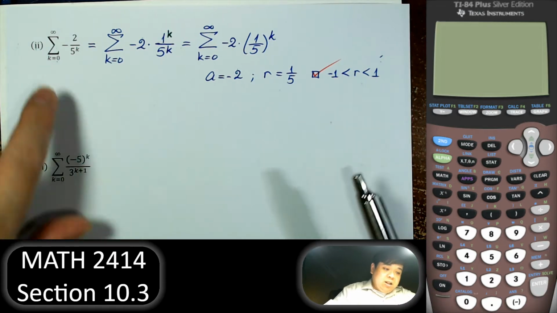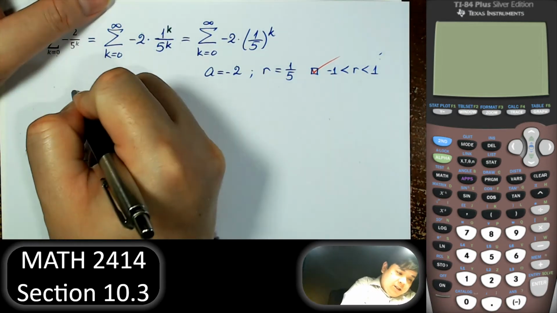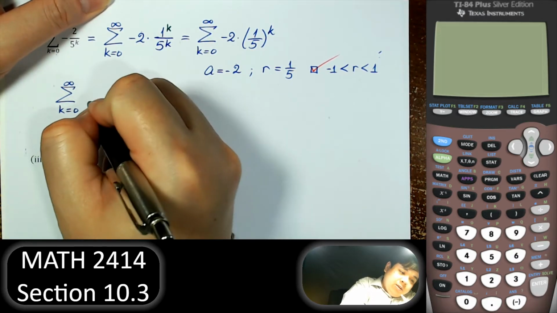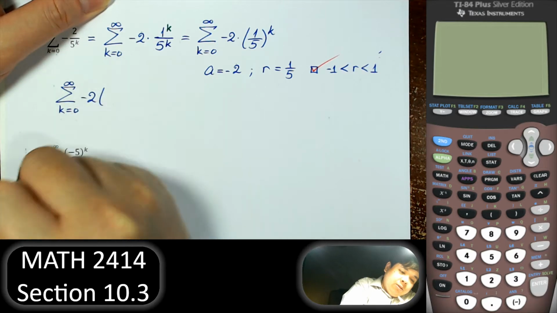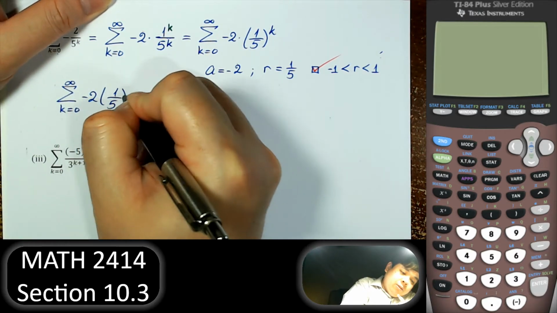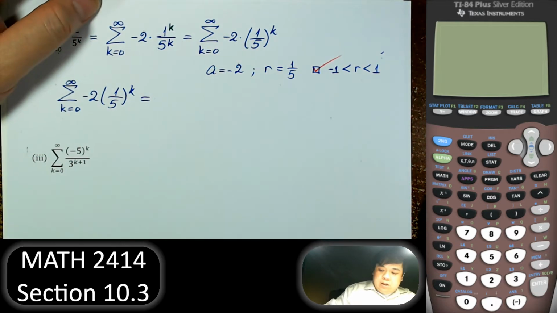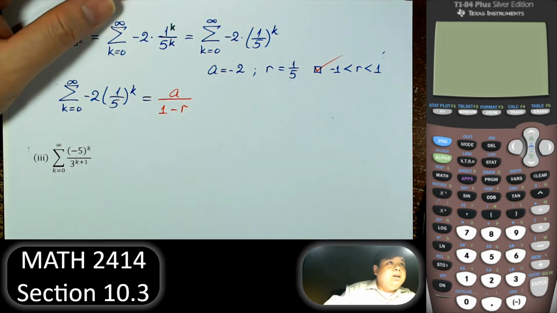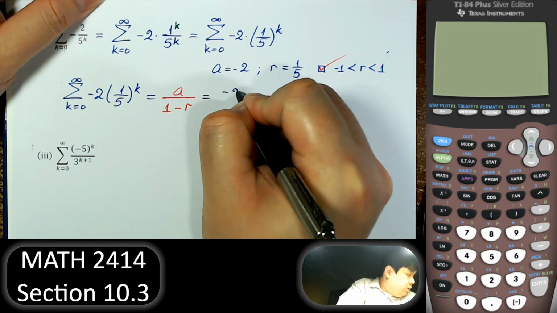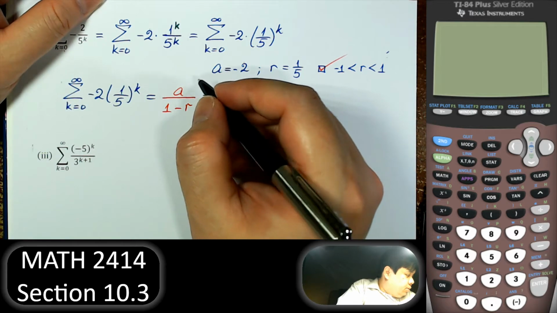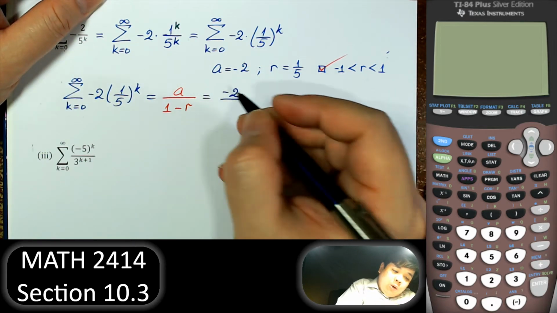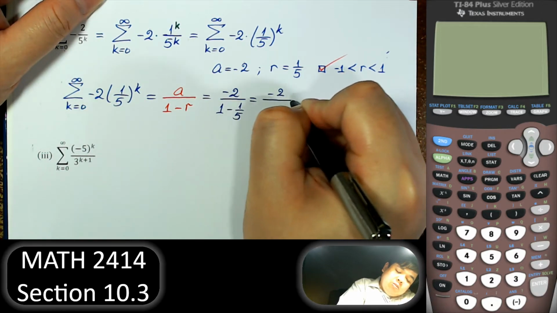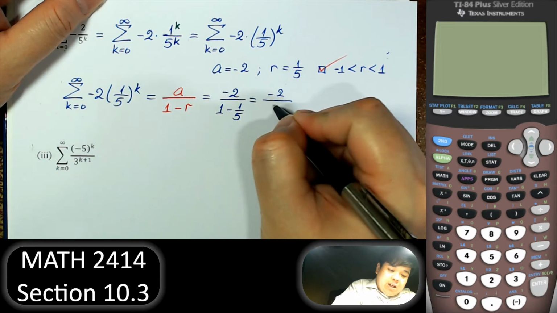So in that case, the series equals A over 1 minus R. A is -2 over 1 minus 1/5. 1 minus 1/5 is 4/5.